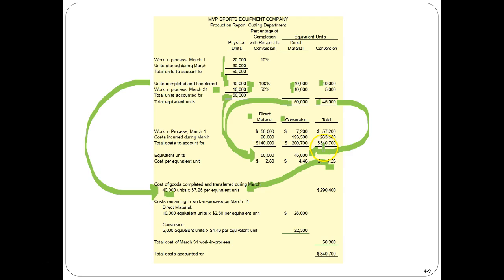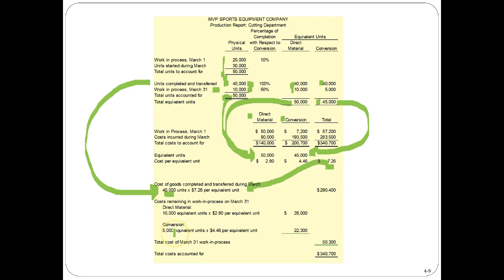That's how much of the total 340 that we're going to apply to the amount that is now in the stitching department rather than our department, the cutting department. The stuff that's still in our department, which is this 10,000 here, has equivalent units of 10 and 5. Therefore, the direct materials, this 10,000 comes from here, times the 28, which comes from here, gives us the 28,000.